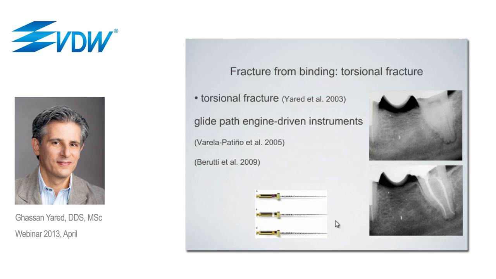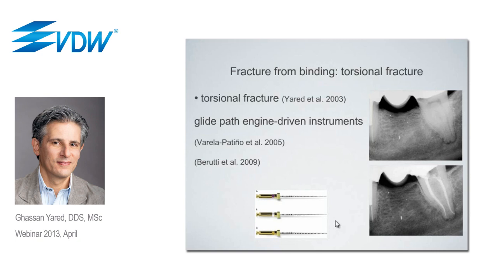However, if we were to create a glide path using these instruments, for example in this model here, we have to use these 3 instruments. So these are 3 additional instruments, and even before that, we have to use a number 10 file. So we are back to the problems of using a hand file in a narrow and curved canal.